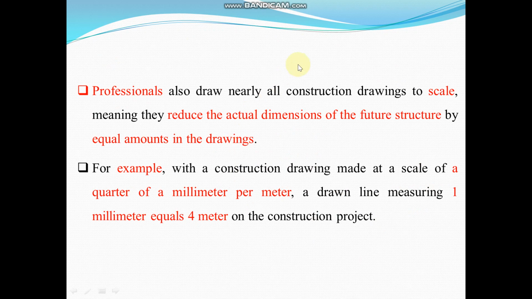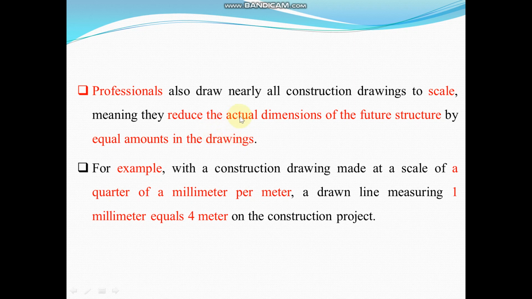Professionals also draw nearly all construction drawings to scale, meaning they reduce the actual dimensions of a future structure by an equal amount in the drawing. Yes, when we make a drawing, we have to use a scale. We have to reduce the exact size of the structure by some amount.